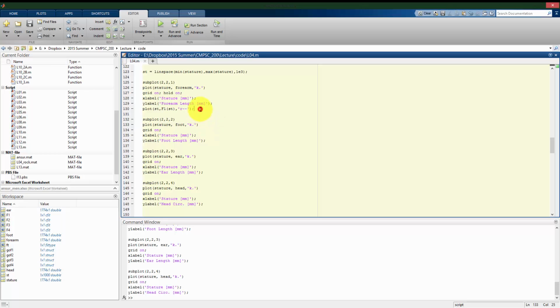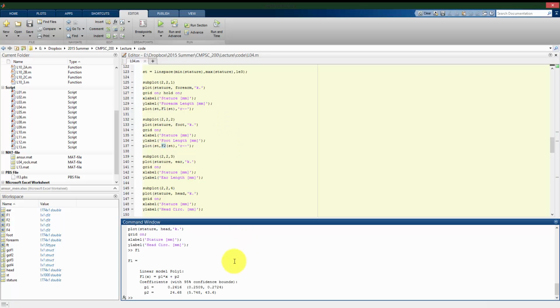And I want to do the same thing for the rest of these plots. So for foot, that was function f2. Let's see what these functions look like. Again, f1 is using polyfit with degree 1: it's this slope, which they call p1, times x plus p2.